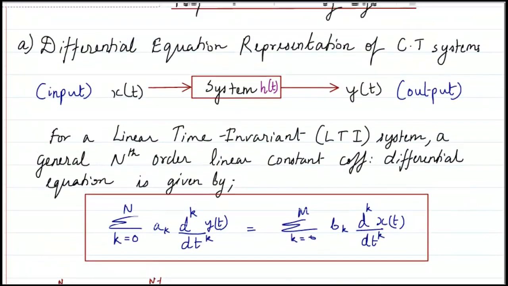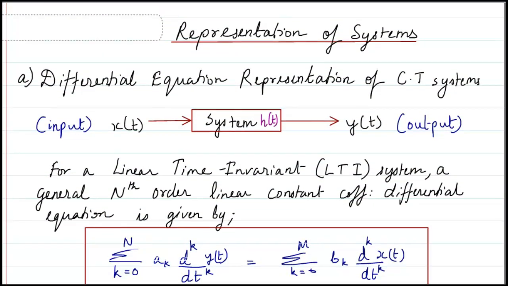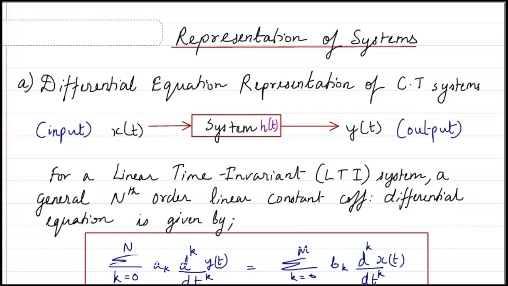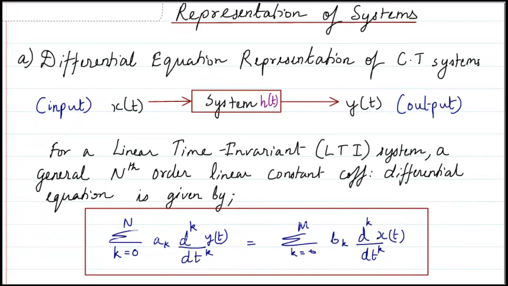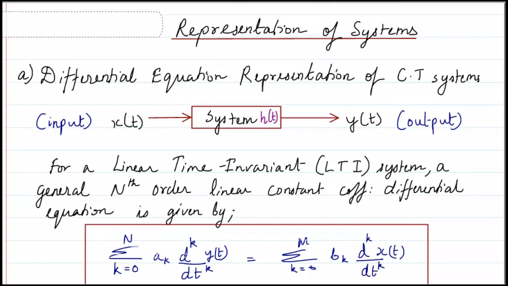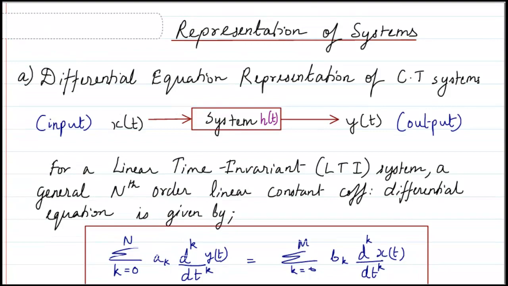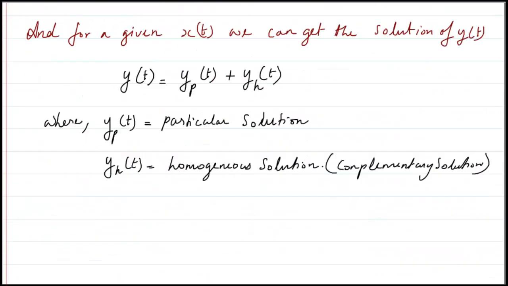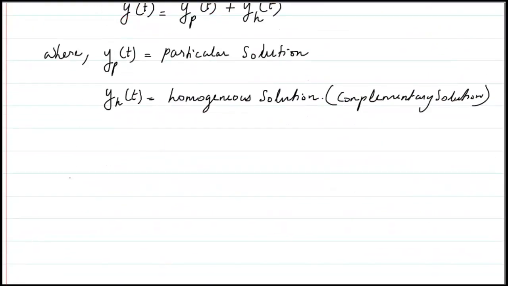So this is basically the representation of a continuous time system using a differential equation. And we have already seen, in the previous problems, an equation which connects x of t and y of t. For example, I may have an equation like y of t is equal to d by dt of x of t. This is actually a differential equation representation.